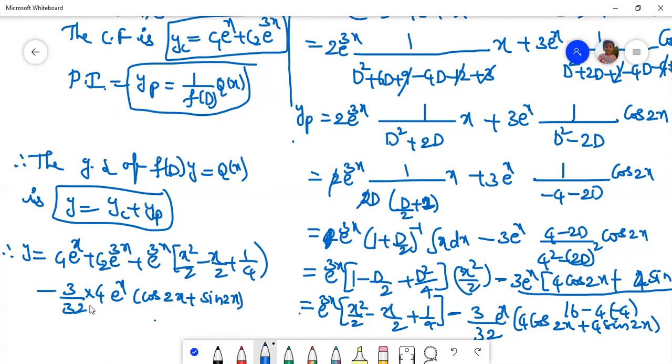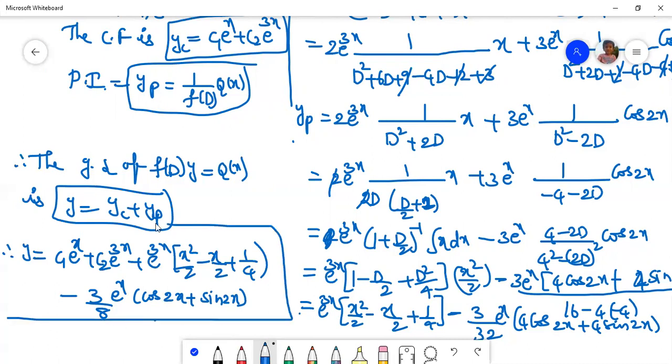Then we can write: minus 3/8 e^x (cos 2x + sin 2x). It is the required general solution of equation 1.